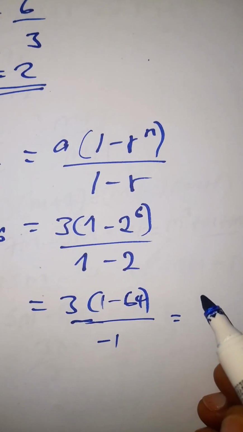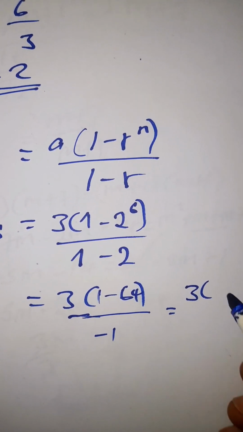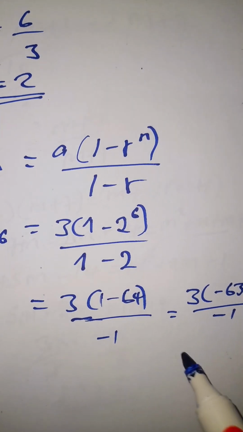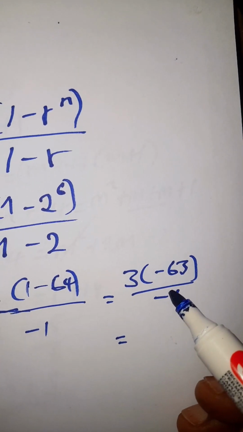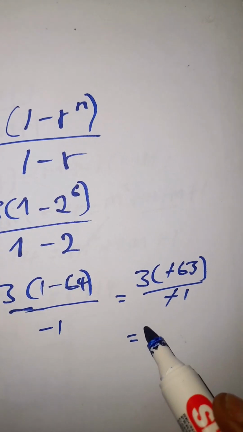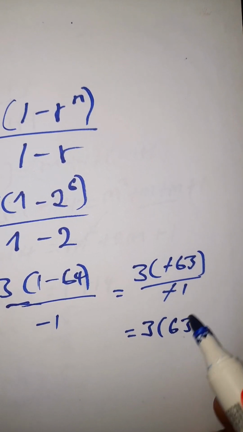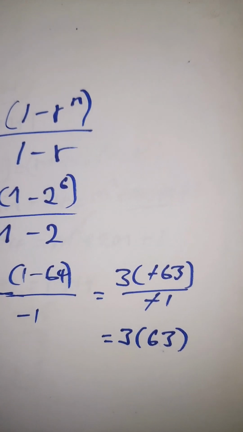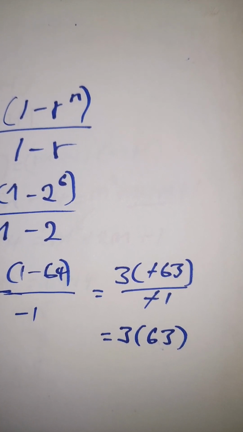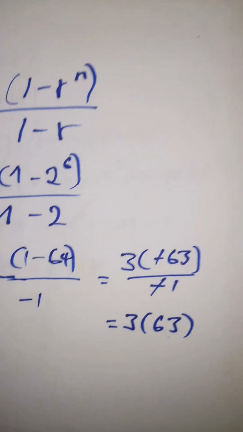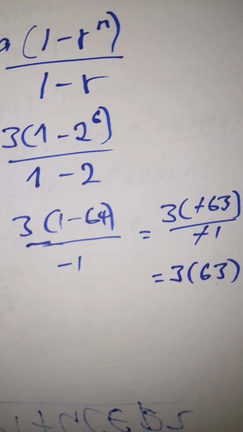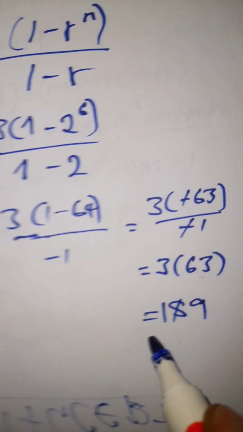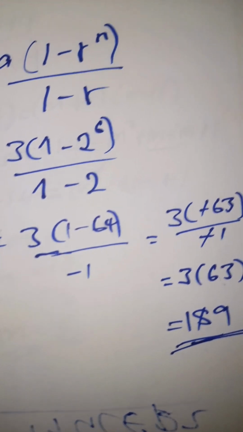So here we have 3 multiplied by 1 minus 64, which is negative 63, divided by negative 1. You know that negative and negative will cancel. So it's the same as 3 multiplied by 63, which is 189. So the sum of the first 6 terms is 189, and this is the answer.